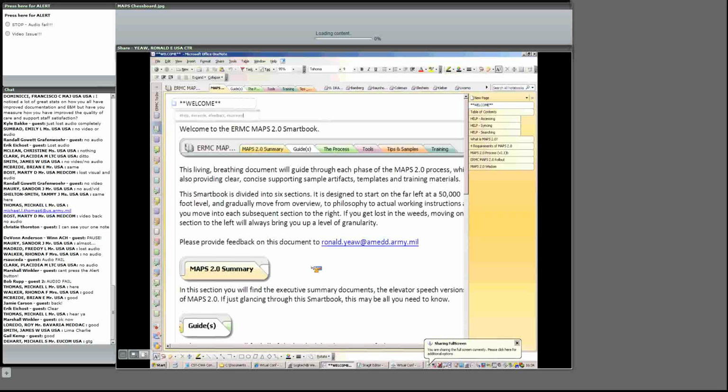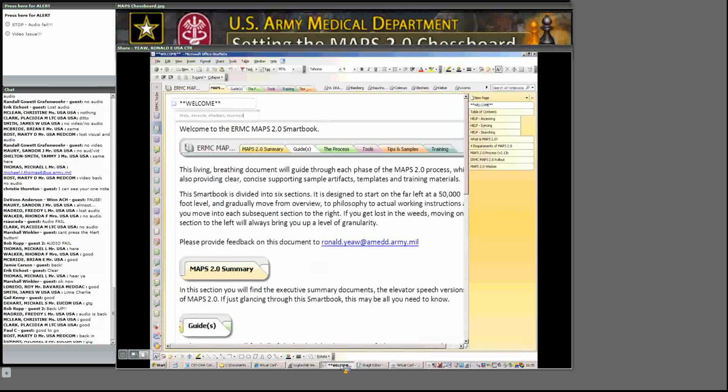What you're looking at here is a OneNote book. For me, this is my Bible. Every piece of information I've learned in a MAPS 2.0, I put in this book. Guys, you'll see a full screen button. If you would go ahead and press that full screen button, that will maximize the full screen on your screens as well. I just want to step through this.